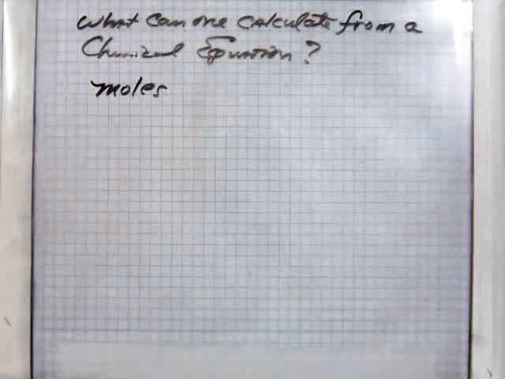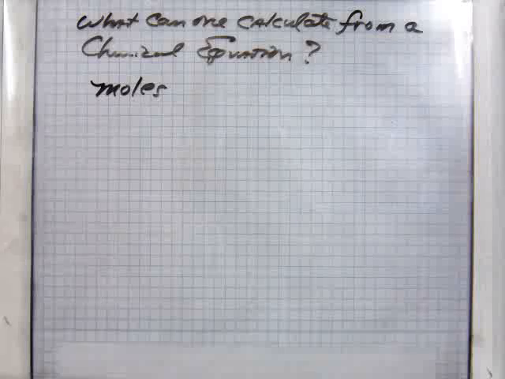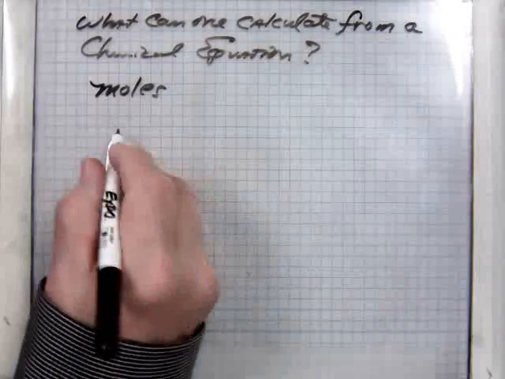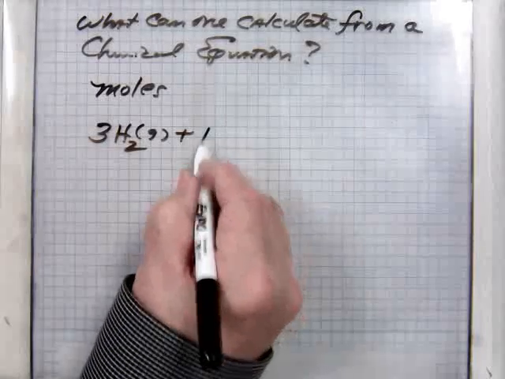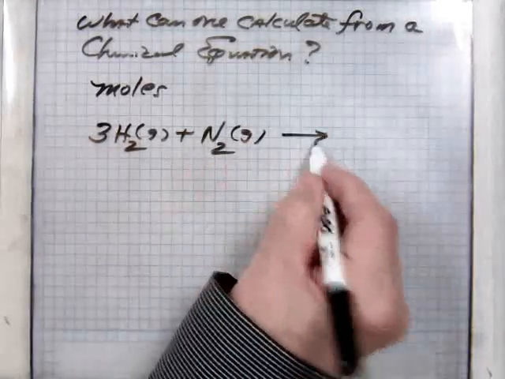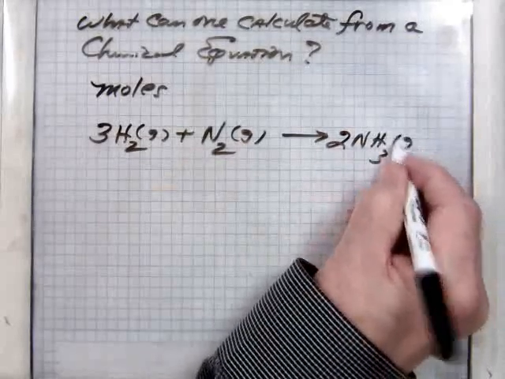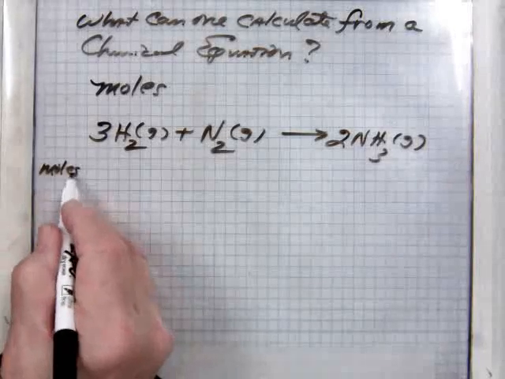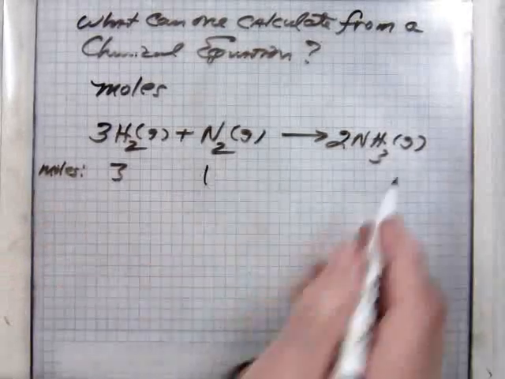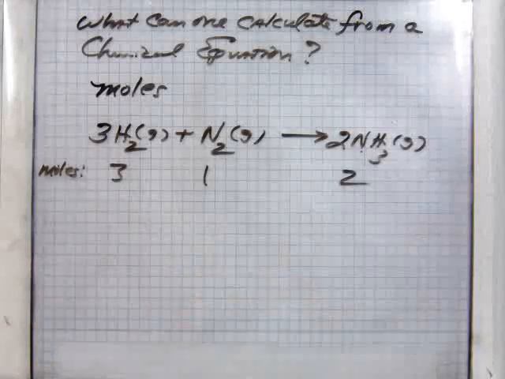The coefficients in a chemical equation represent the moles of the substance that coefficient is attached to. For example, if I have 3H2 gas plus N2 gas going to 2NH3 gas, how many moles do I have? Well, that would be 3, 1, and 2, from a direct read of the equation.